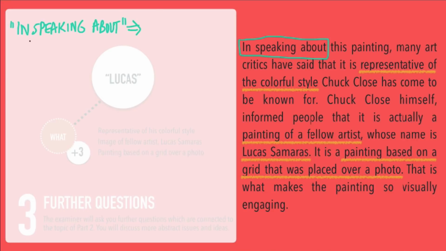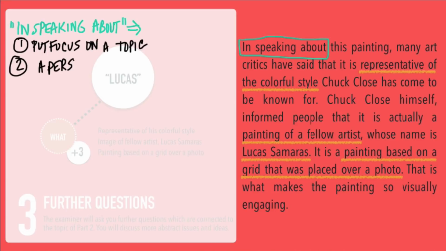So here I'll write it like this. First, we want to put focus on a topic, and then that leads to a person's opinion on that topic.